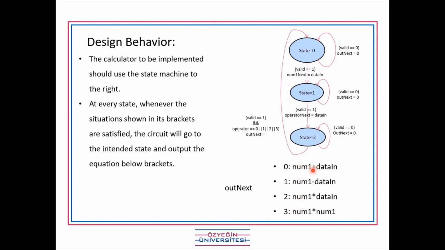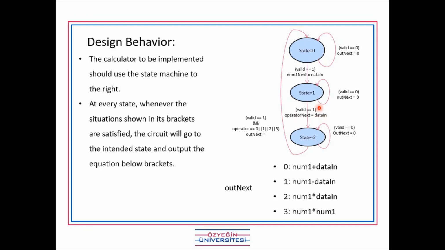Okay, after that, what do we need? We need the operator. So it takes num1 from data in, and then it goes to state 1. At state 1, this is where you take the operation. What operator do we need here? If valid is 1 when we are at state 1, we take in the operator from data in.